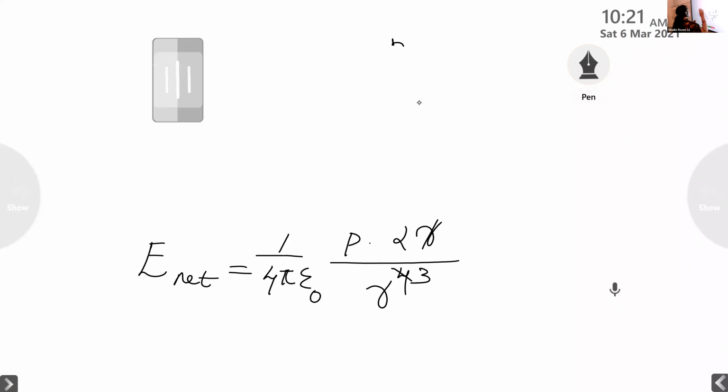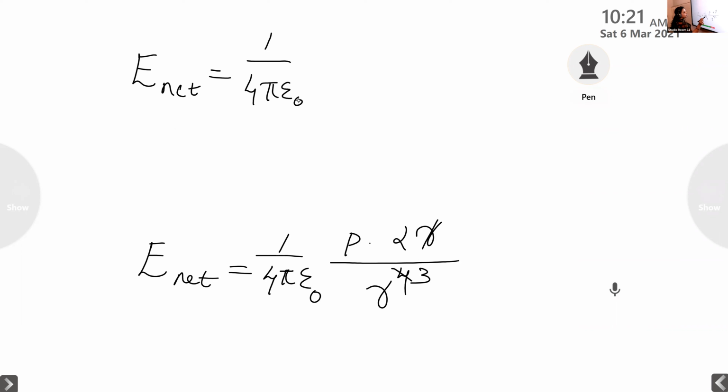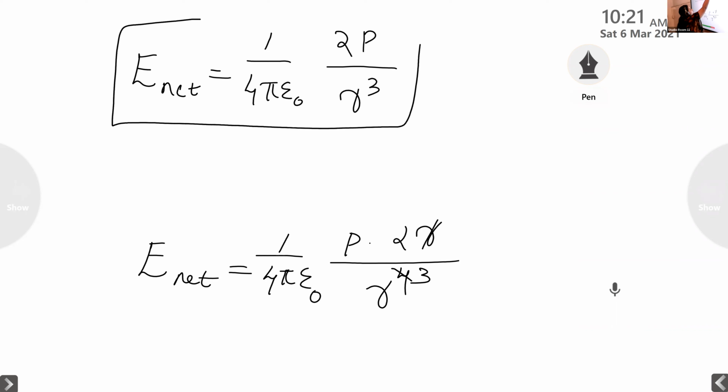The final equation becomes: the net electric field E net is equal to 1 by 4 pi epsilon 0 times 2p divided by r cube. This is our equation of the electric field along the axis of an electric dipole.